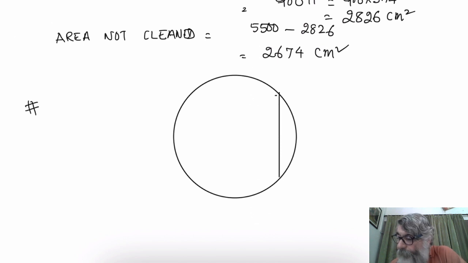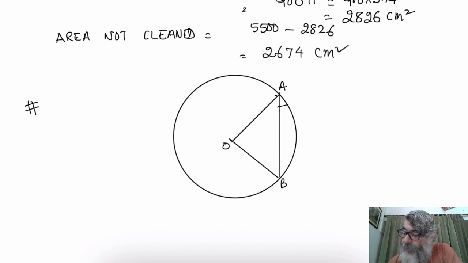If I join O the center, then O is the center of the circle. AB is any chord.